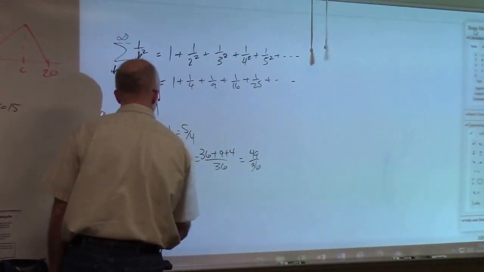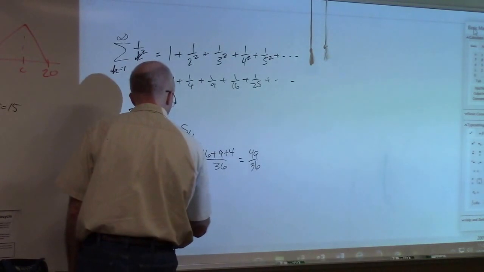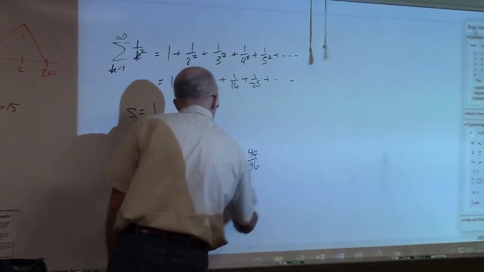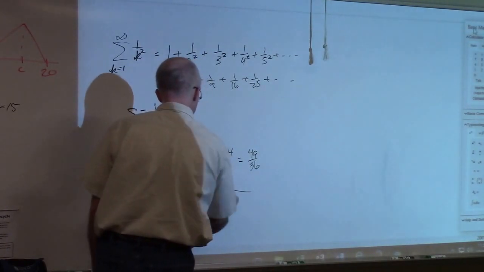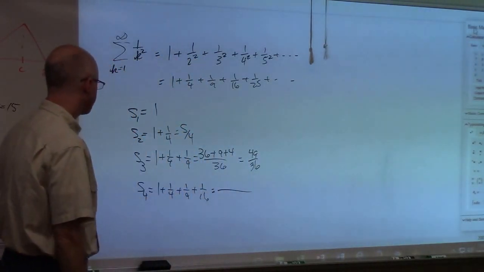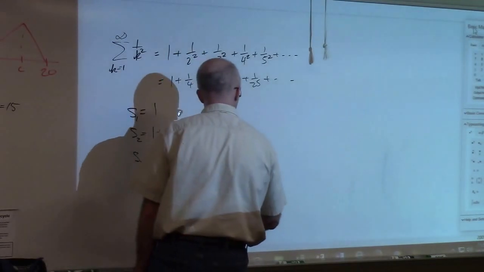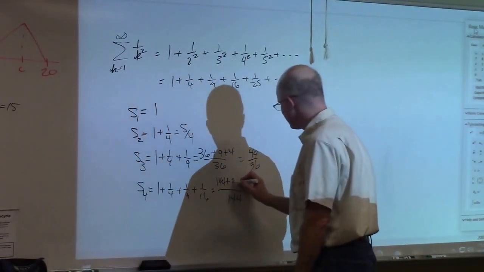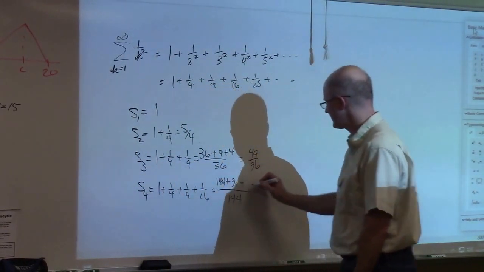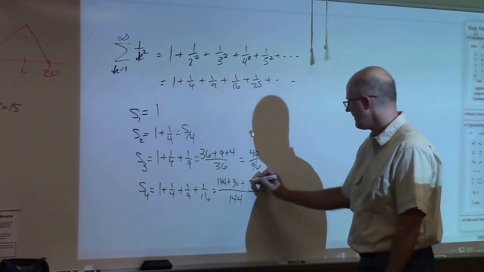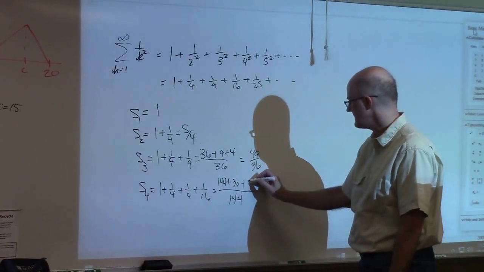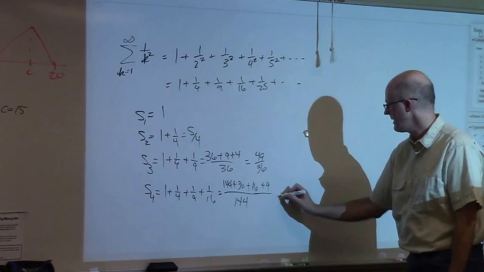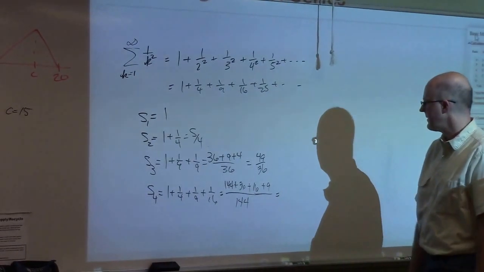Let's try one more by hand. 1 plus a fourth plus a ninth plus a 16th. This time we get a common denominator of, I think 144 is going to work. 144 plus 36 plus the 16 plus 9 over 144. That simplifies to what?